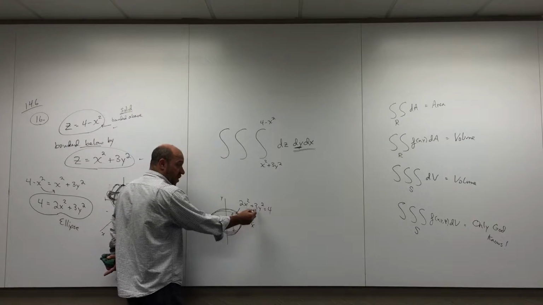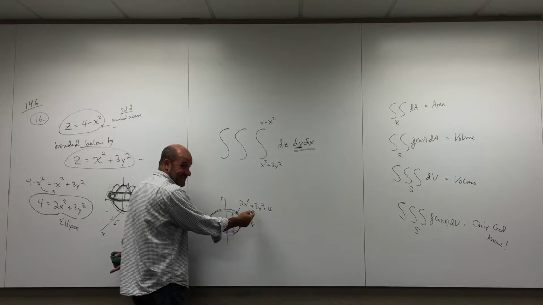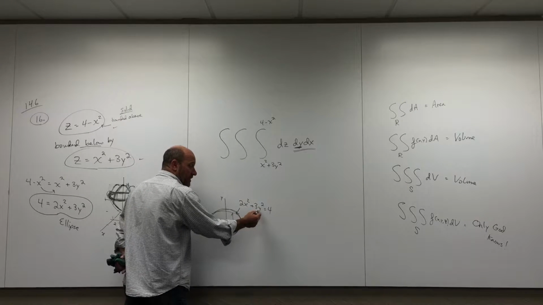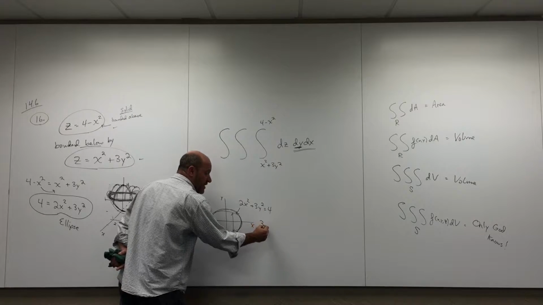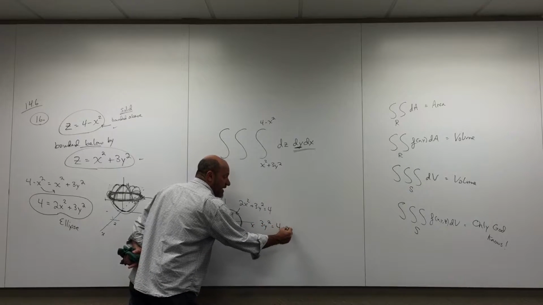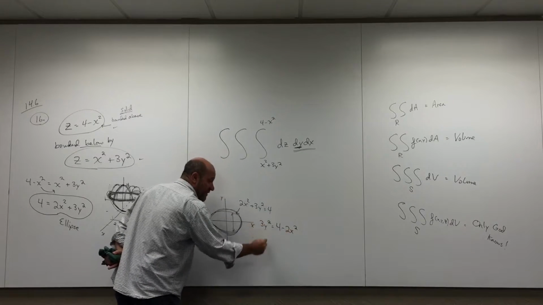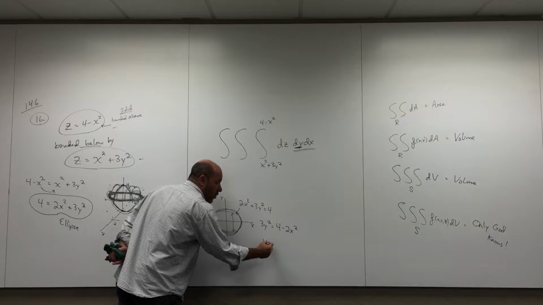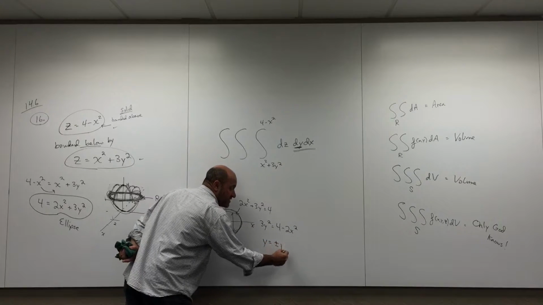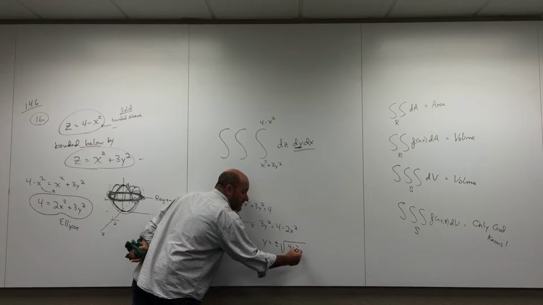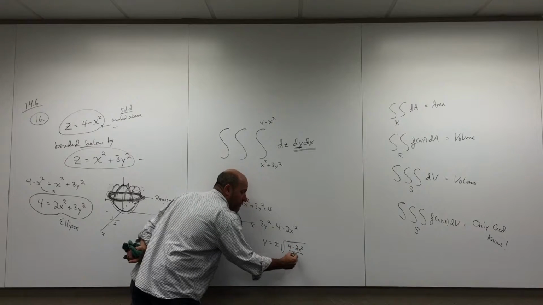So I would solve this ellipse for y. This is getting nasty. Solving this for y would be 3y squared equals 4 minus 2x squared. Divide by 3, take the square root. y equals plus or minus the square root of (4 minus 2x squared) all over 3.